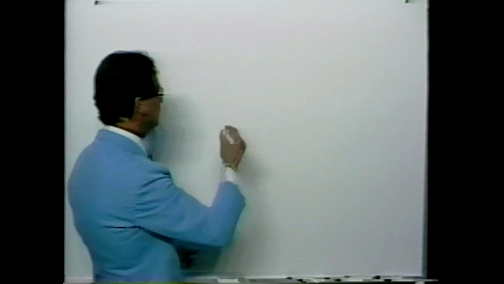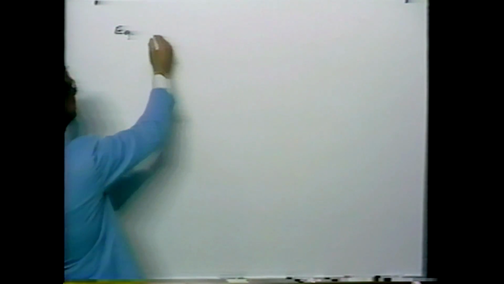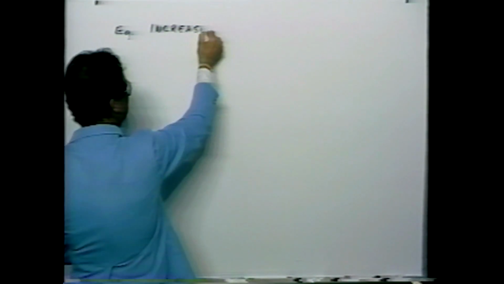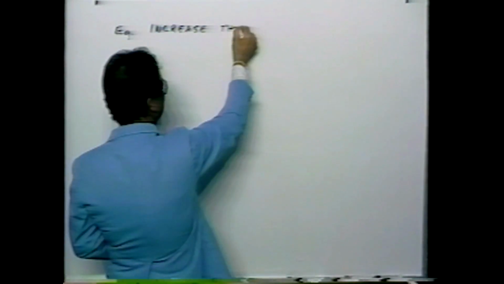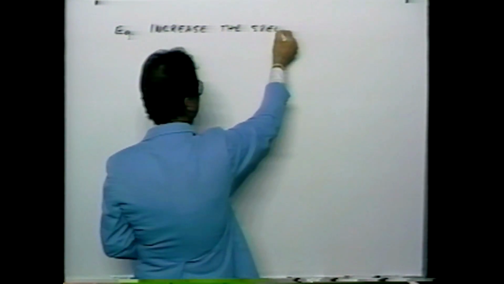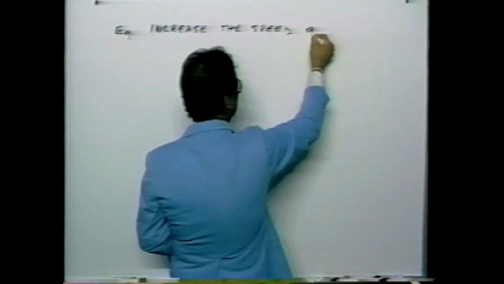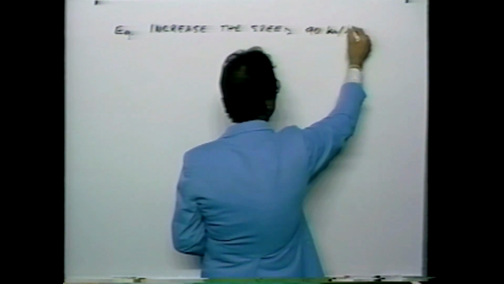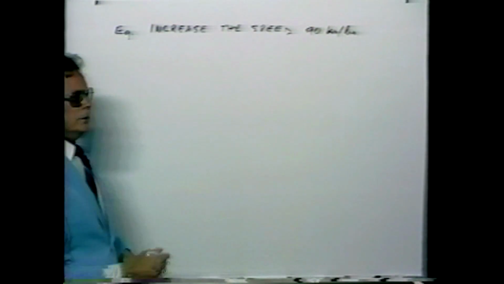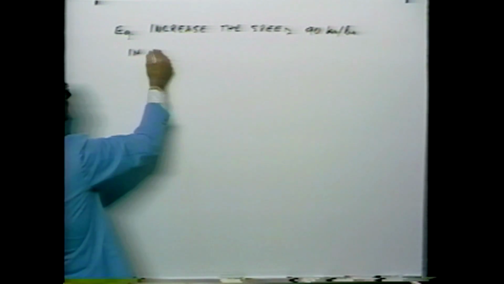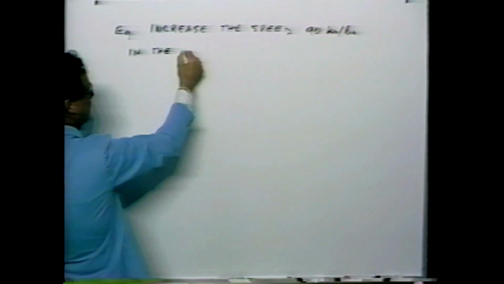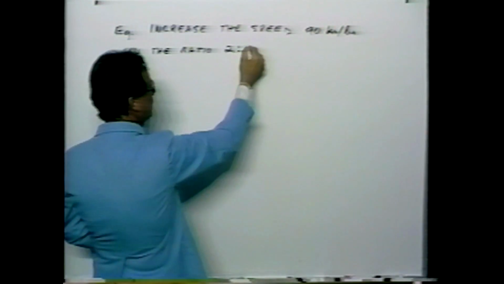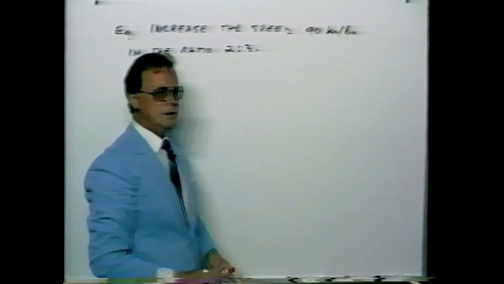For example, increase the speed, 90 kilometers per hour, in the ratio 2 to 3. What is the new speed?